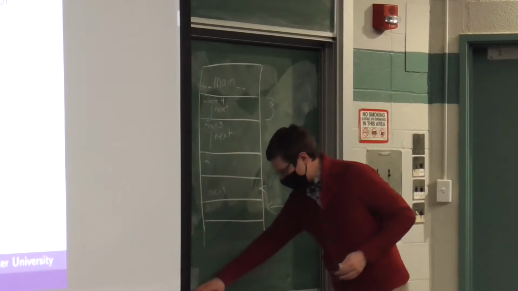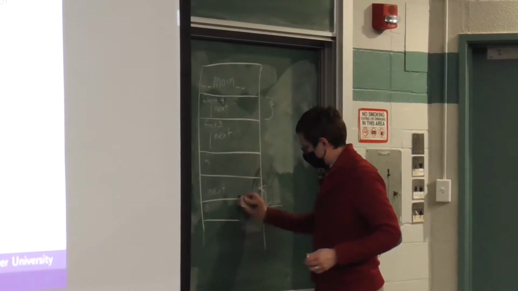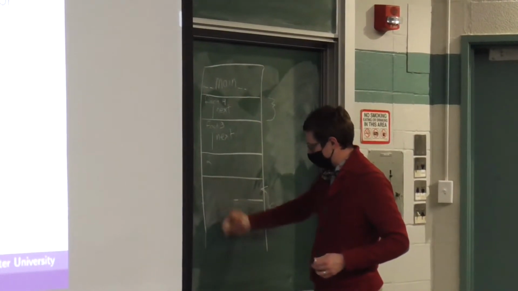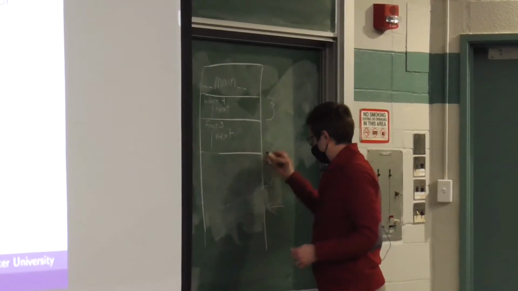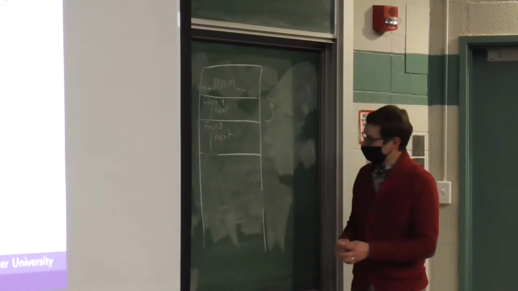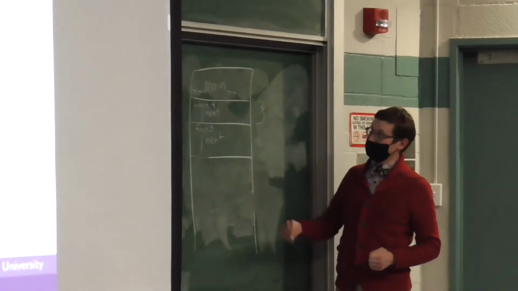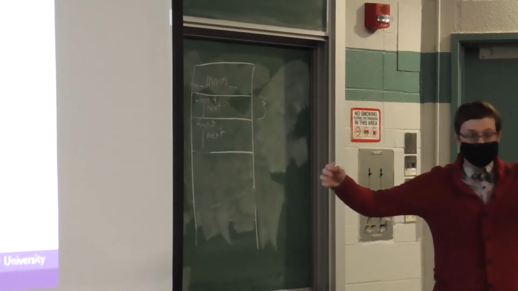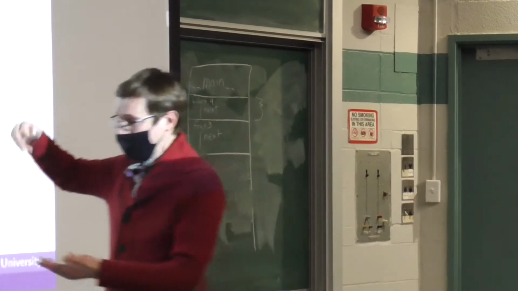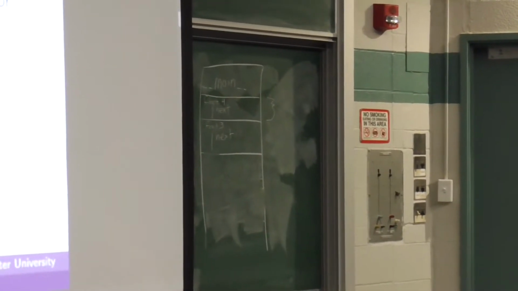But when these things are deallocated, pop, pop, pop goes the stack. You peel it back and return the return values as you do so, eventually all the way back to main, and that's how the function call stack manages these recursive calls.